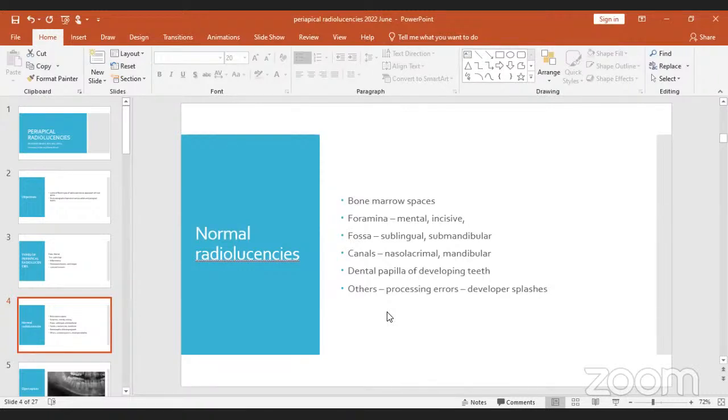You may also find canals like the nasolacrimal canal and the mandibular canal, that's the inferior alveolar dental nerve canal, and then the dental papilla of developing teeth. For example, before calcification starts to happen, you'll just find a crypt that is radiolucent and looking empty. Others would be artifacts like processing errors, where we have developer splashes or fumes when you're developing.